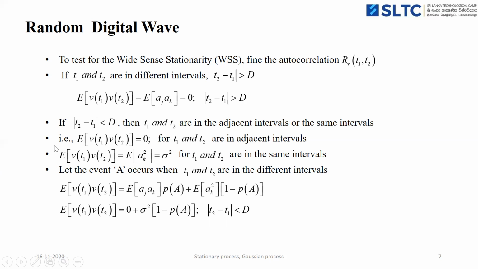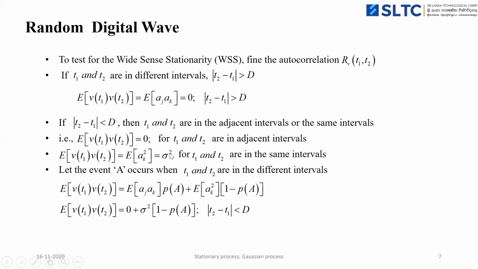In that case, the autocorrelation function, expectation of v of t1 v of t2, equals 0 when t1 and t2 are in adjacent intervals, or it equals sigma squared, the variance of the given random process, if t1 and t2 are in the same interval.